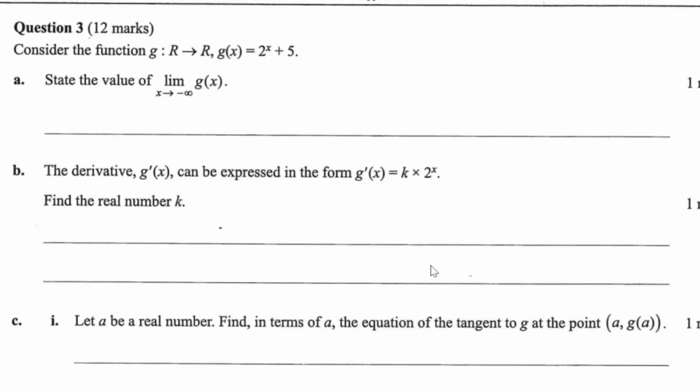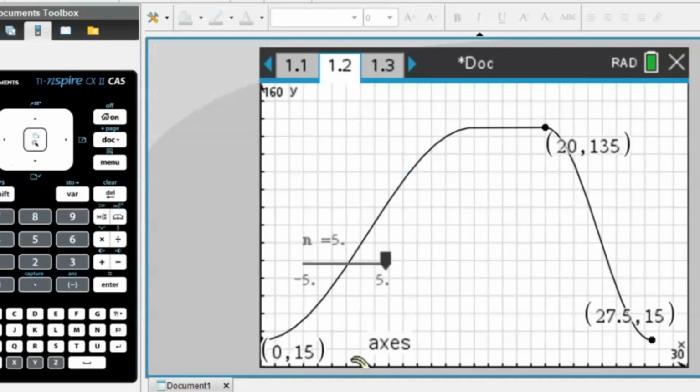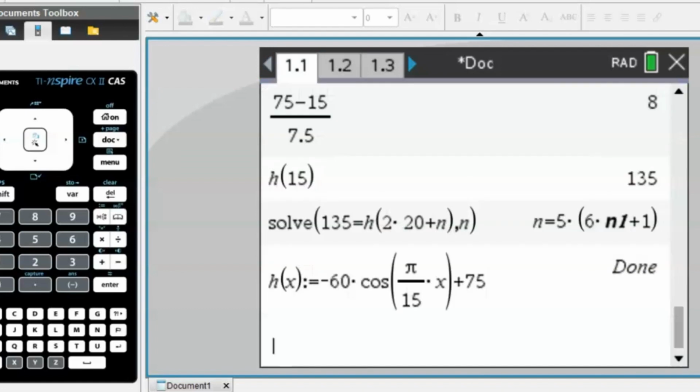The next question is asking us to consider the function g of x, 2 to the power of x plus c. So that's actually an exponential function, and this is the horizontal asymptote. As x goes towards the negative direction, the value will approach, but won't pass 5, so it's going to be 5. The derivative of that in this format, so find the real value of k. Let's find the derivative of that function g of x.